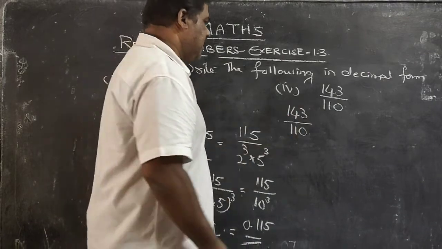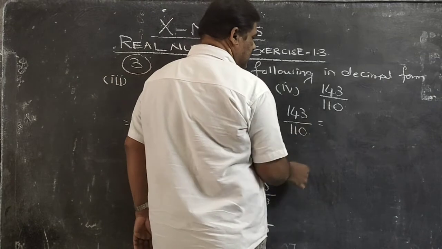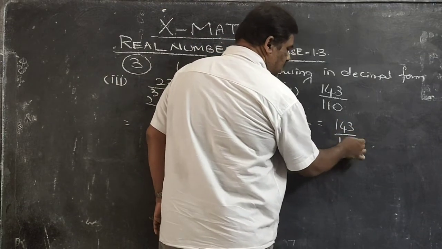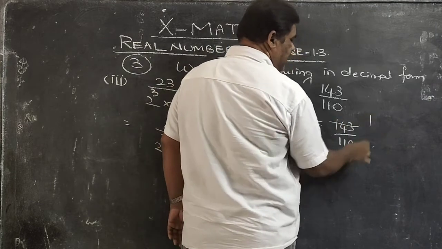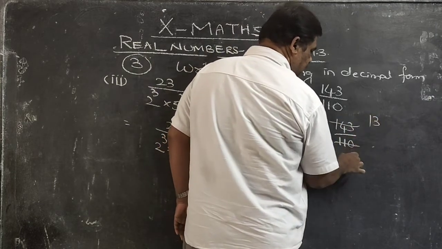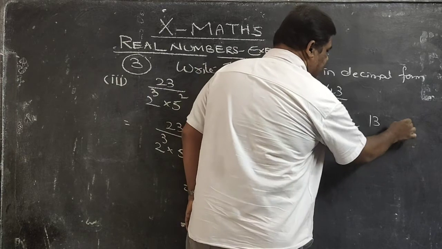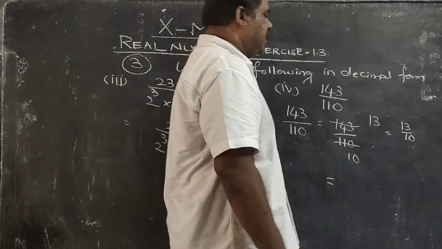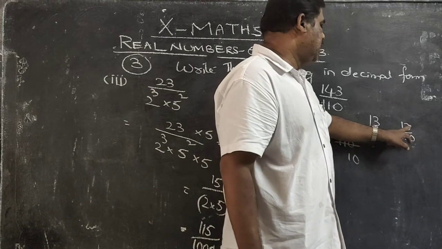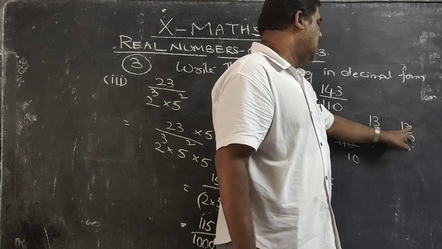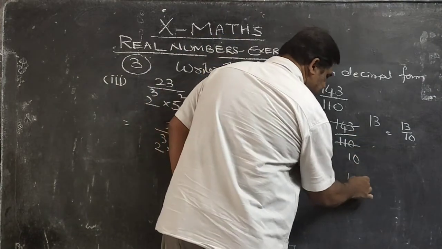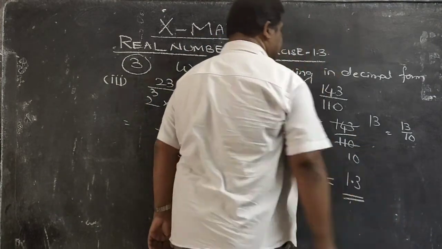So here we can make the cancellation. 11 ones are 11, 11 thirteens are 143, 11 tens are 110. That is, you are getting 13 by 10. If the denominator contains one 0, you have to keep the point in the numerator after 1 digit. So 13 by 10 means it is 1.3.